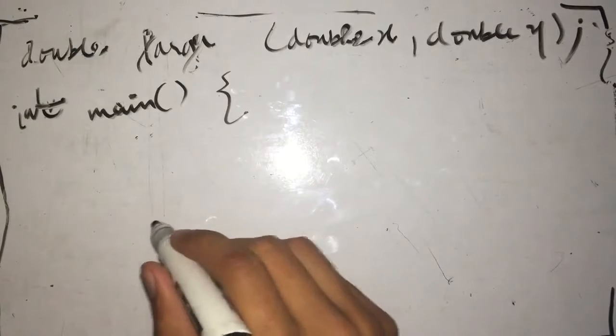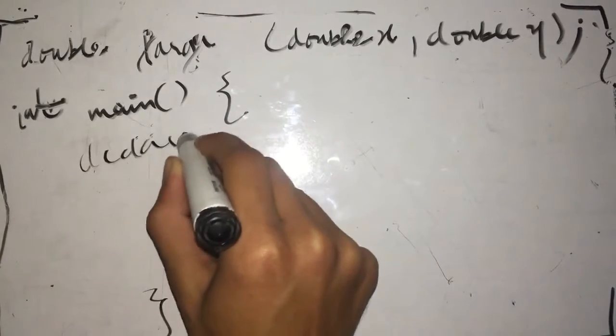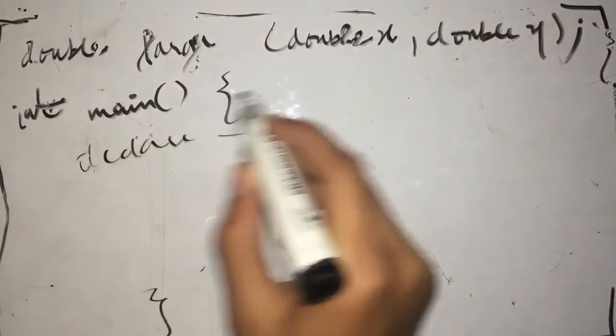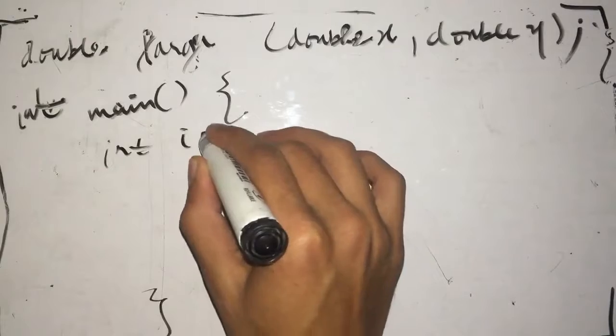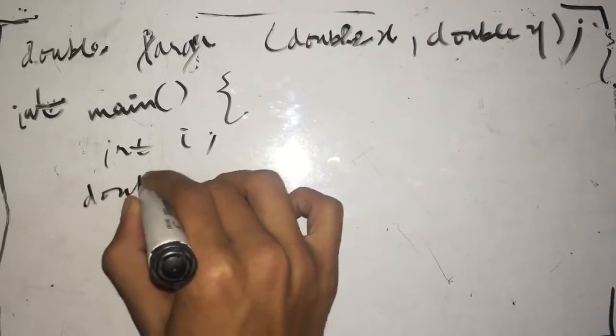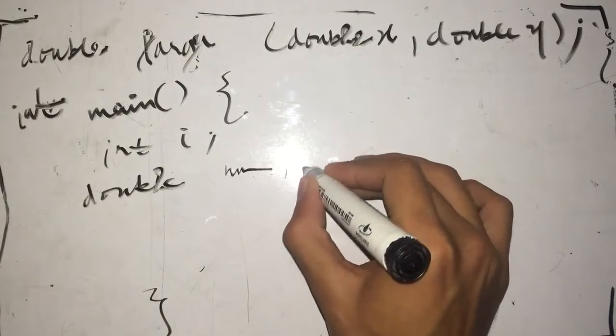So you have int main, and you declare the variables. You declare all the variables here, that is int i, and you have double num and max.